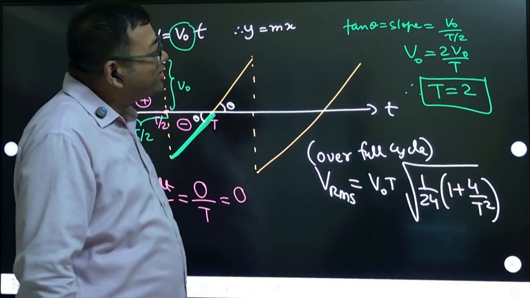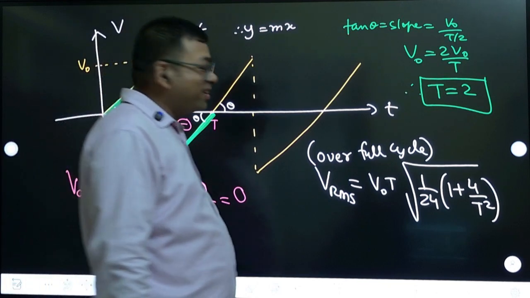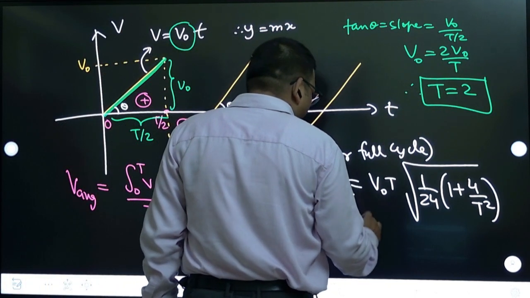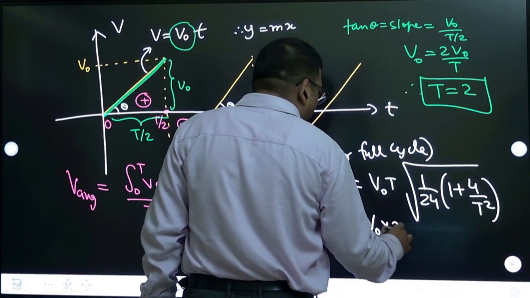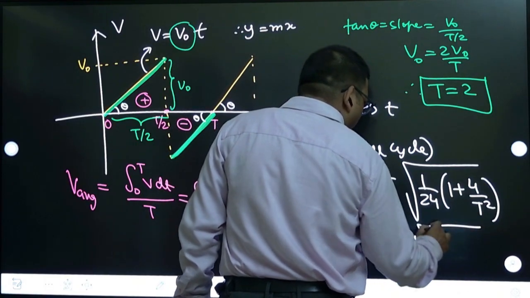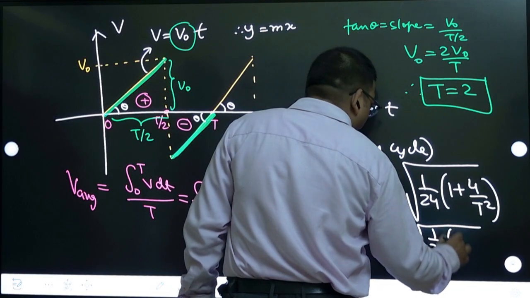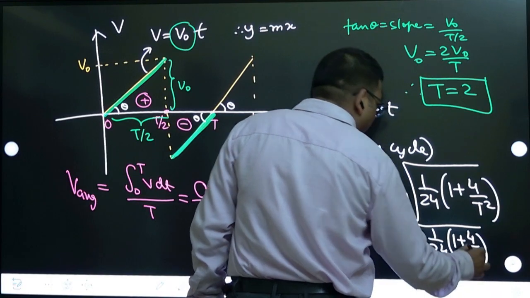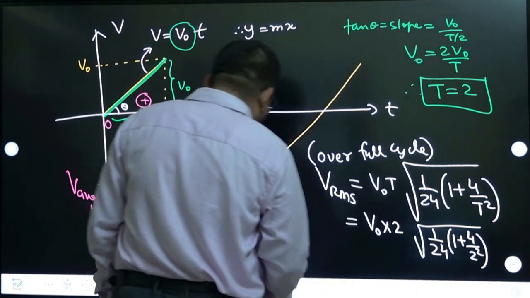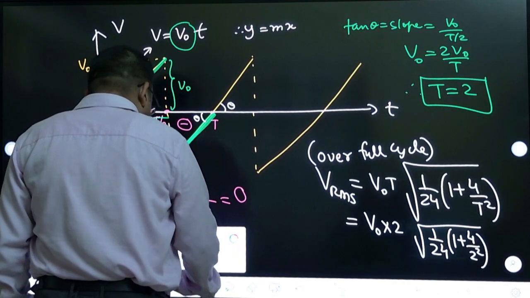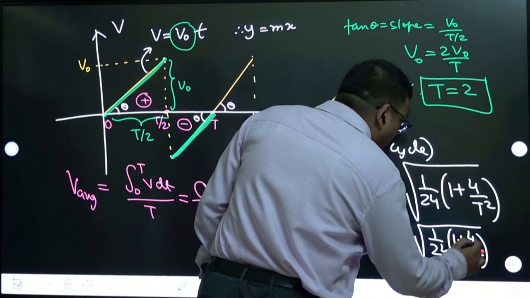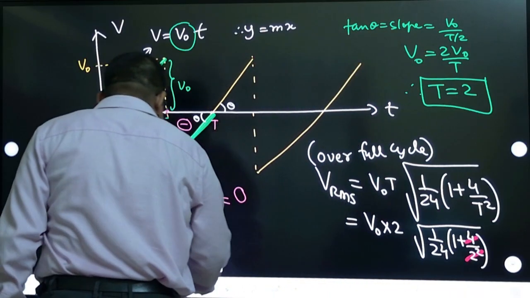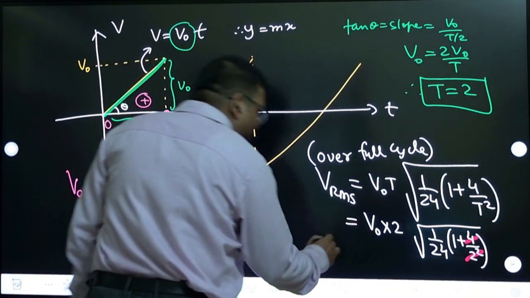Time 2, you substitute that. So V naught into 2, root of 1 by 24 times 1 plus 4 by 2 square, which is also 4. So this 4 will get cancelled, so 1 plus 1 is 2 and 1 by 12 will come.